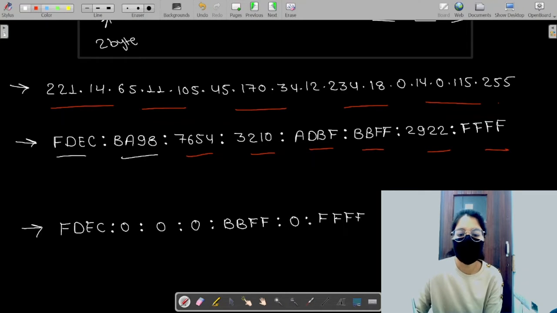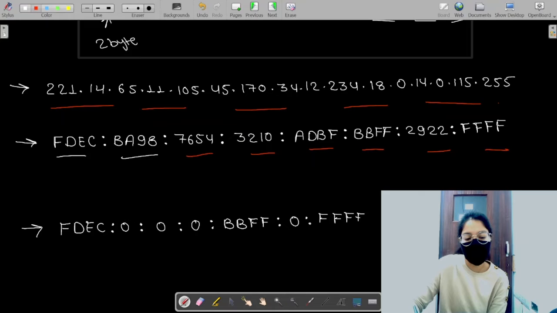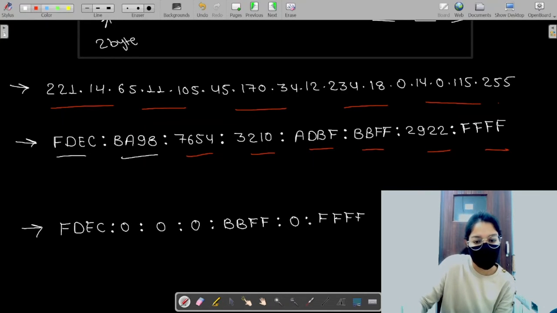Now here we can see one thing: obviously it is also too long. If sometimes we have a number of zeros present in our address, then we can use abbreviation, which we can also call zero compression. For example, if I have 0074, then with zero compression I will write only 74.